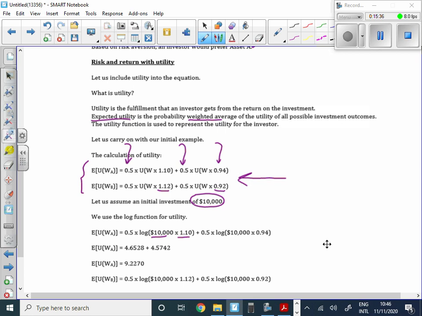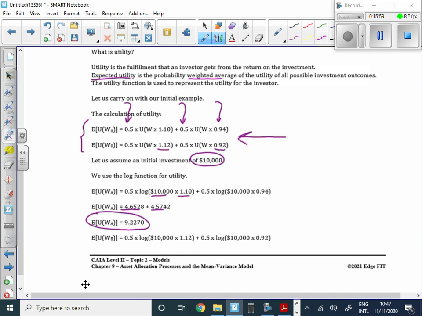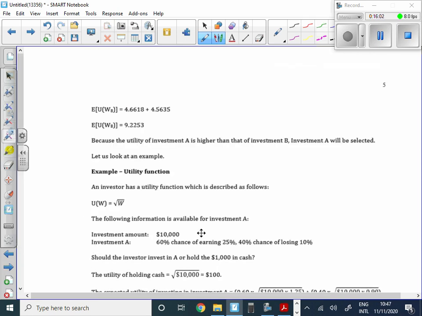We calculate the utility function, guys, which gives us, as you can see, an interesting answer. It's got very little related to thousands and things like that, like it was before. It's just a way of getting it to a standardized answer for us. Run those answers over there, guys, and utility for asset A is 9.22. I do the same calc for asset B over our page over there, still using logs, and I get to 9.2253.